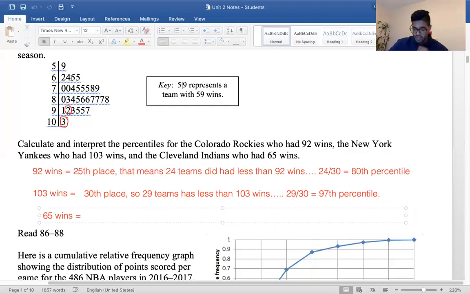So how many teams did worse? 3 teams did worse, so this is technically 4th place. 3 teams had less than 65 wins, dot, dot, dot. So we have 3 out of 30, which is 1 out of 10, which is the 10th percentile.